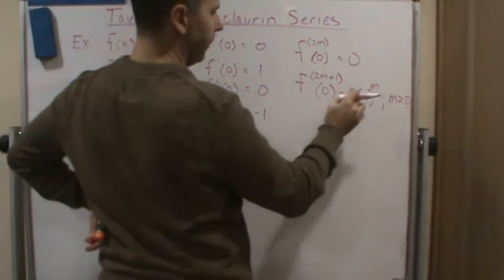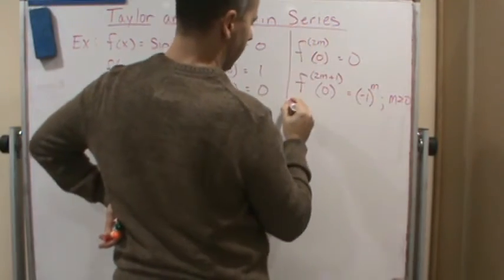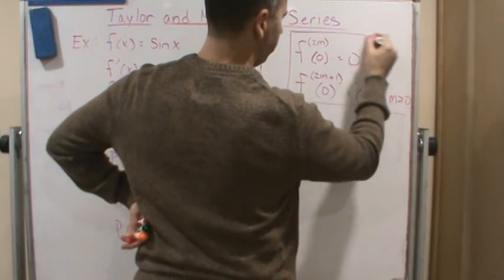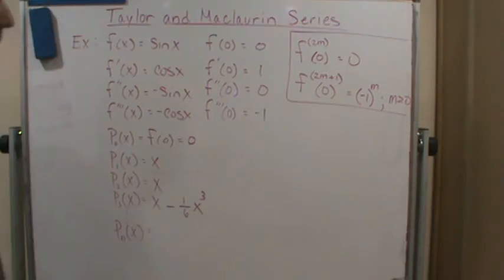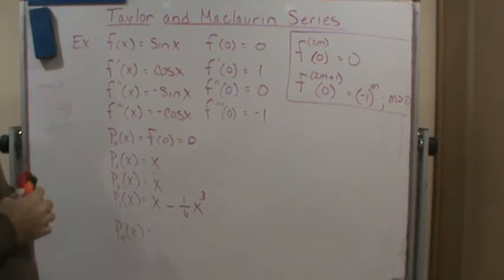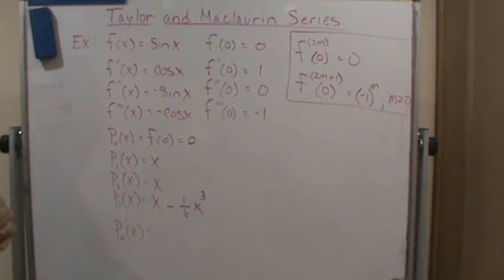So we know, again, so this is true. Let's box this off. So we know this is true for this function. Okay. So, what do we do with that?